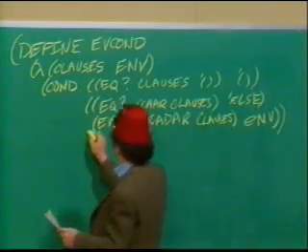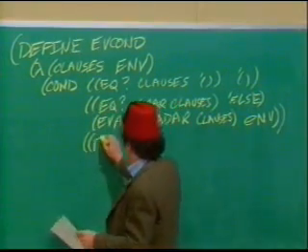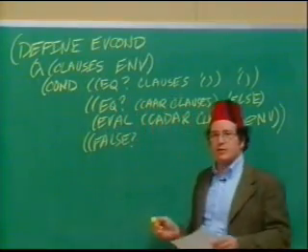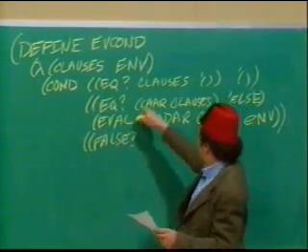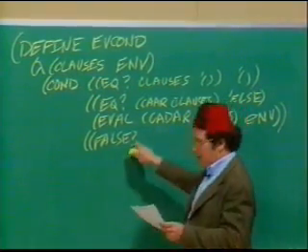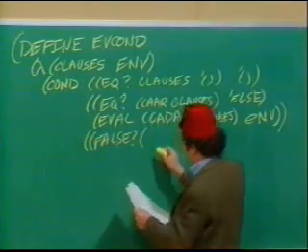Now, the next possibility is more interesting. If it's false, if the first predicate in the predicate list is not an else, and it's not the word else, and if it's not a false thing, let's write down what it is if it's a false thing.